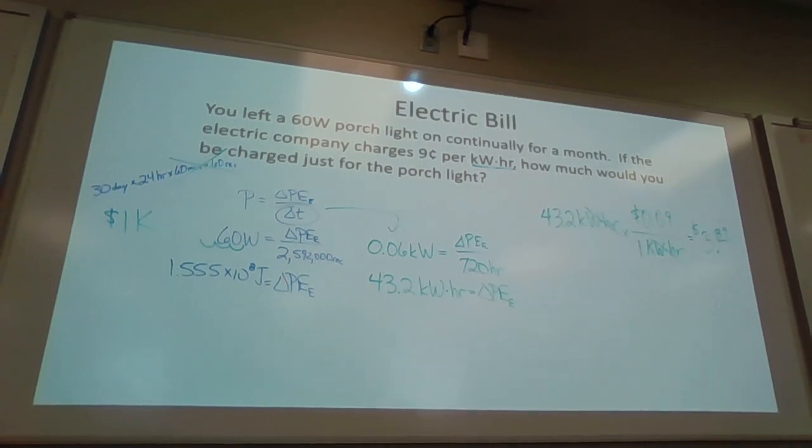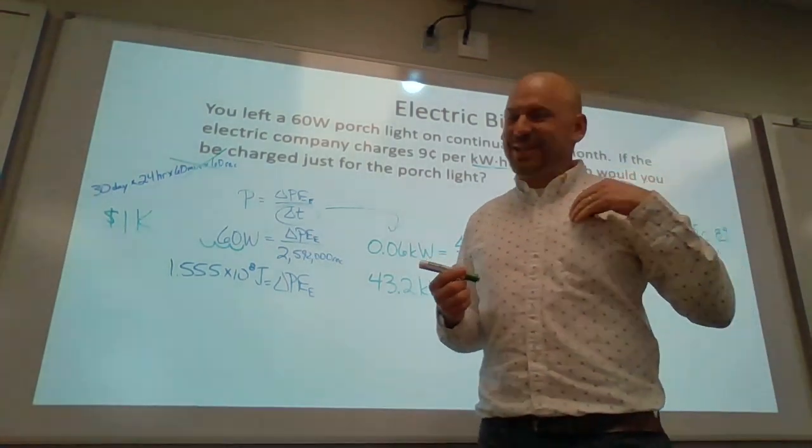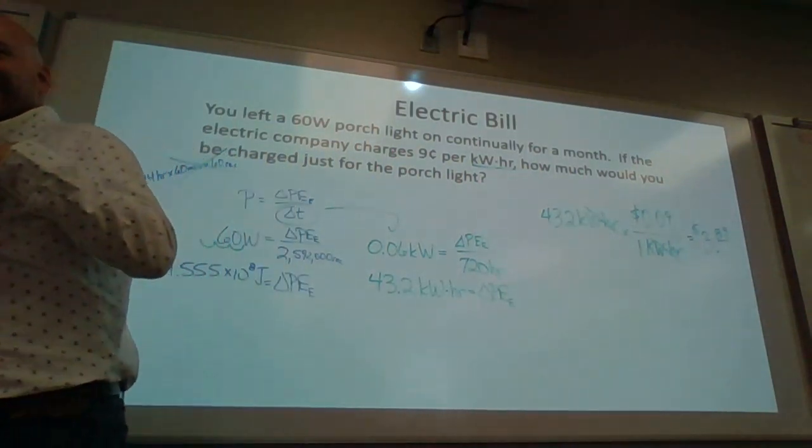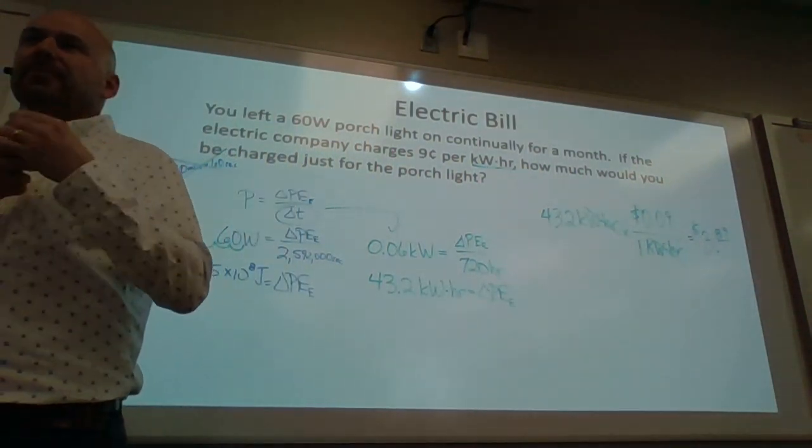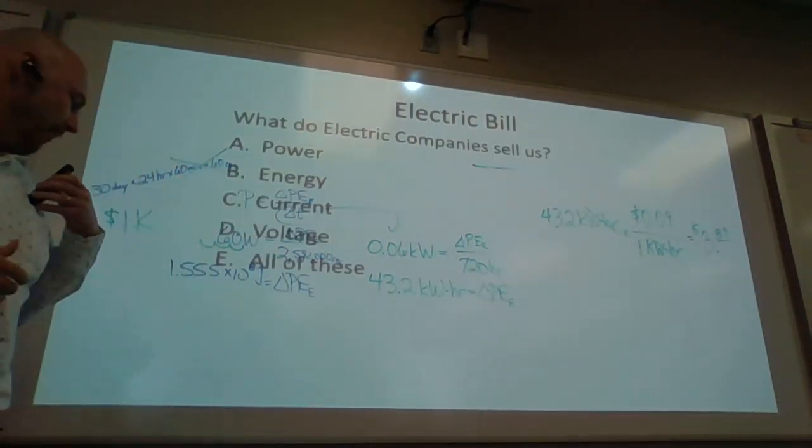If it's during the summertime, your air conditioning unit is a huge electrical drain, like $100 a month. Well, that's not a bad deal. It's way worth it. Depends on how much you're making. All right, last question.